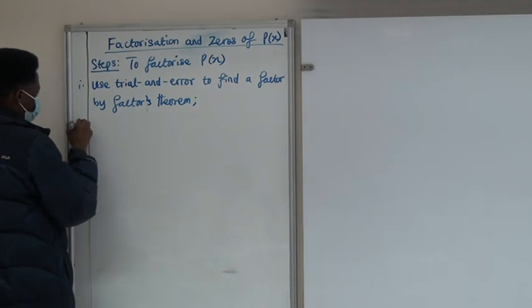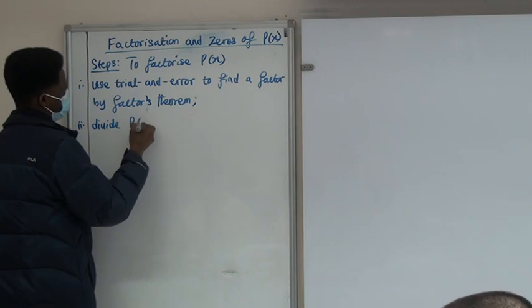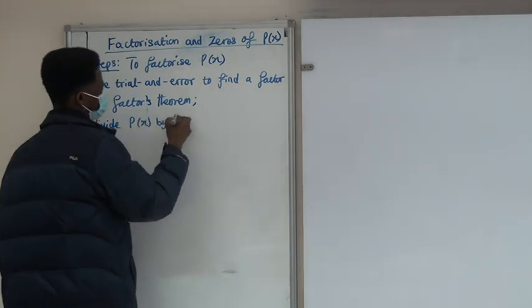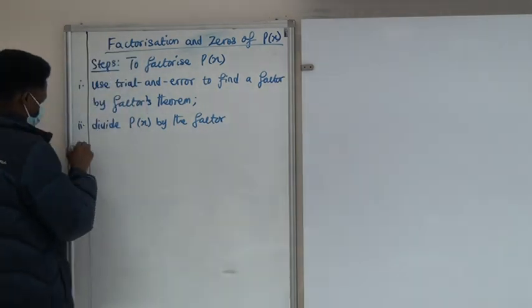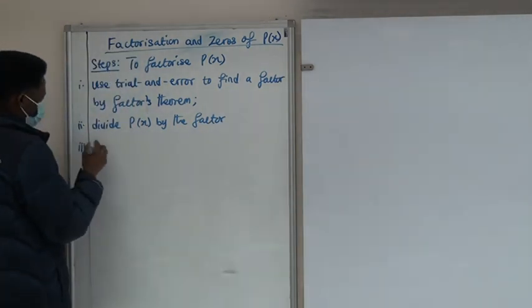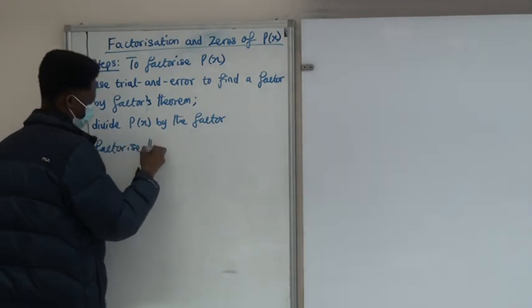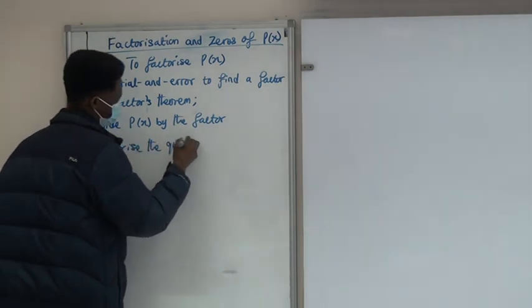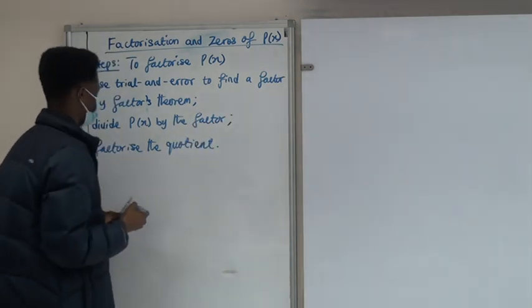Once you do that, divide P of x by the factor. Then factorize the quotient. These are the three steps.